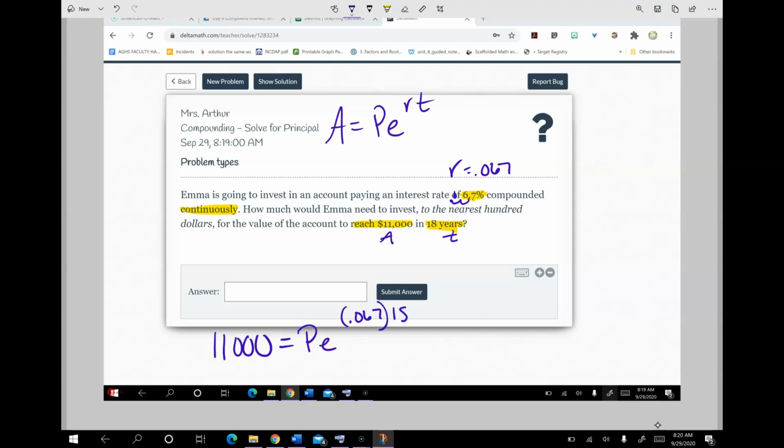e to the 0.067 times 18. Now, this is line 1, this is line 2. I'm going to have to change P to x because e is a number.